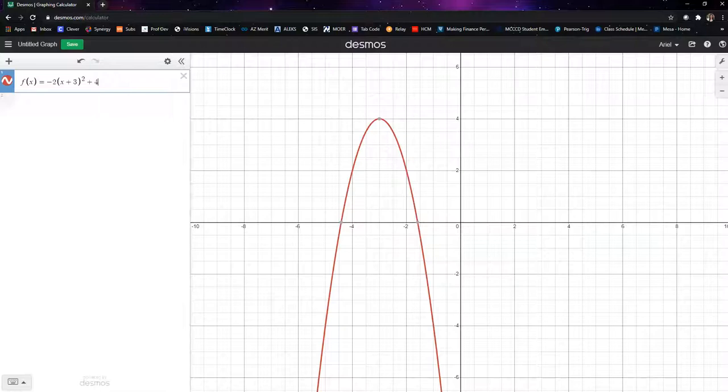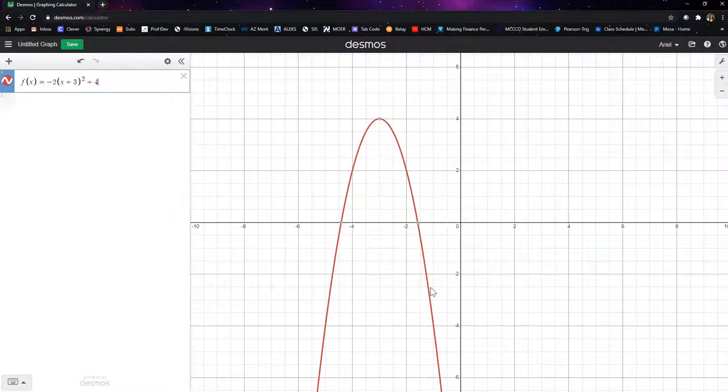So what I'm going to do is sketch this on my paper. If I notice on the Desmos, it has a vertex at -3, 4. That is, remember, the point where everything is coming from. And then it is crossing the x-axis at kind of weird spots, but it's going down.